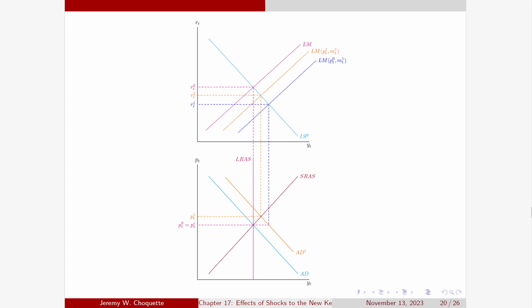Because the failure of the real interest rate to respond to where it was allows for movement in output. So when I say the transmission mechanism of monetary policy in the new Keynesian model is the real interest rate, it's right here. This is how you can see the illustration of that particular transmission mechanism.